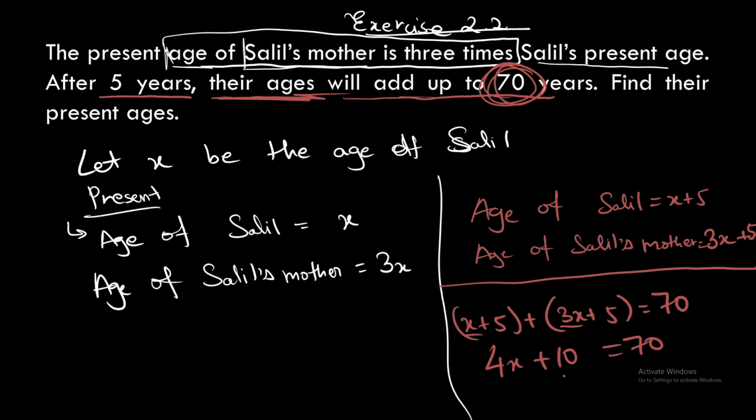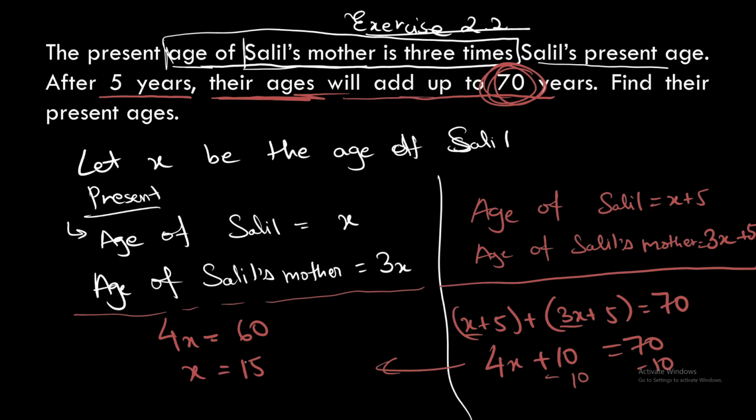Now subtracting 10 from both sides, we get 4x is equal to 60, therefore x is equal to 15.